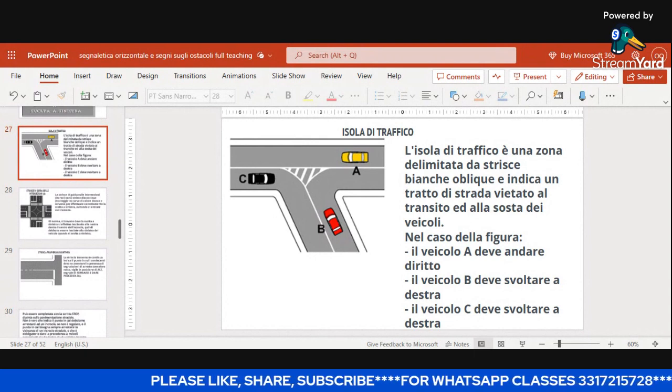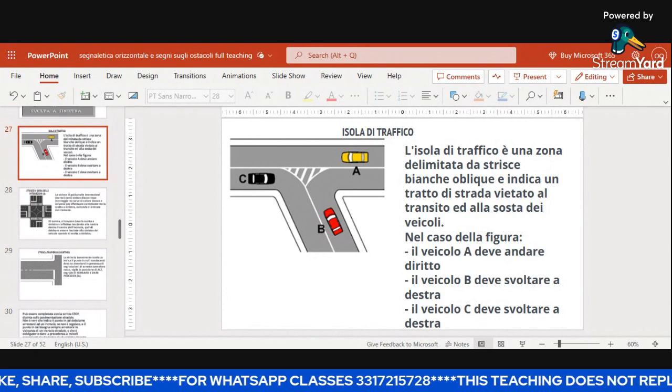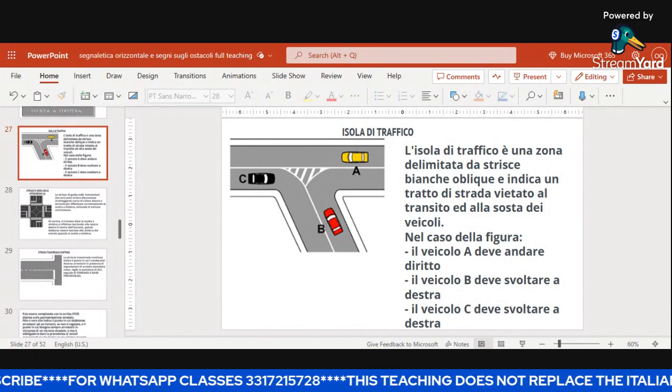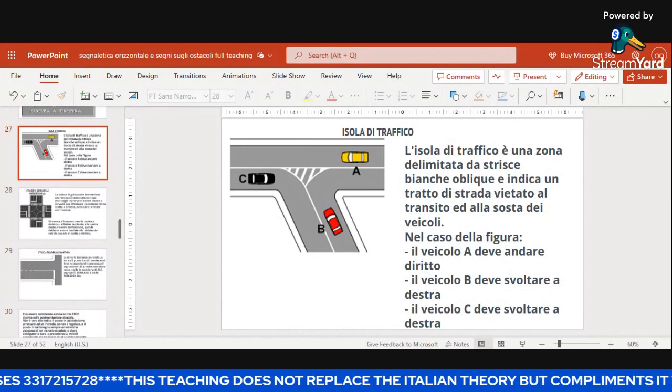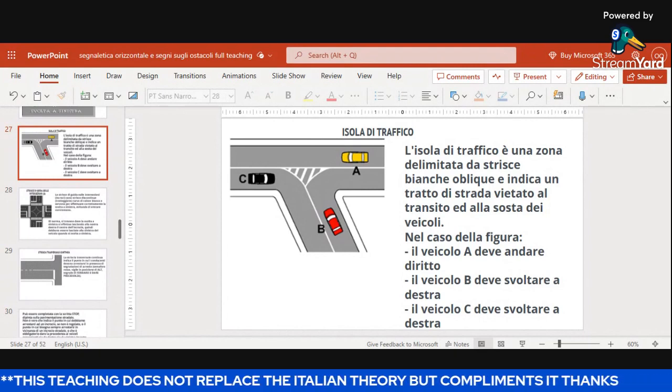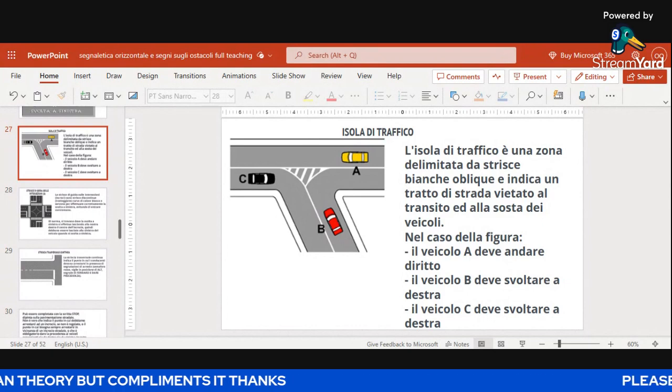Isola di traffico è una zona delimitata da strisce bianche oblique. Indica un tratto di strada vietato al transito ed alla sosta dei veicoli. Now, this is isola di traffico. What is it?